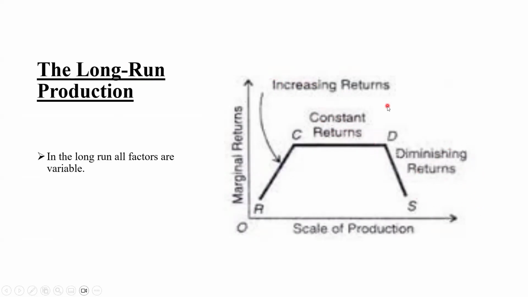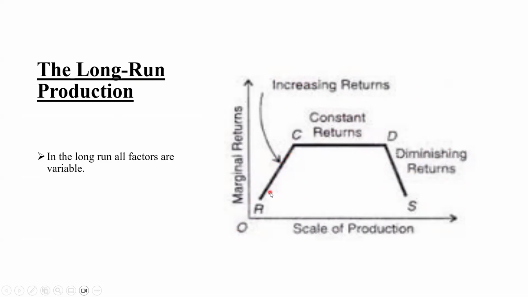So the increasing return, I think it's easy. Here we're looking at the relationship between the inputs and the outputs, right? So increasing return basically means that the percentage increase in the input will lead to a percentage increase in the output.